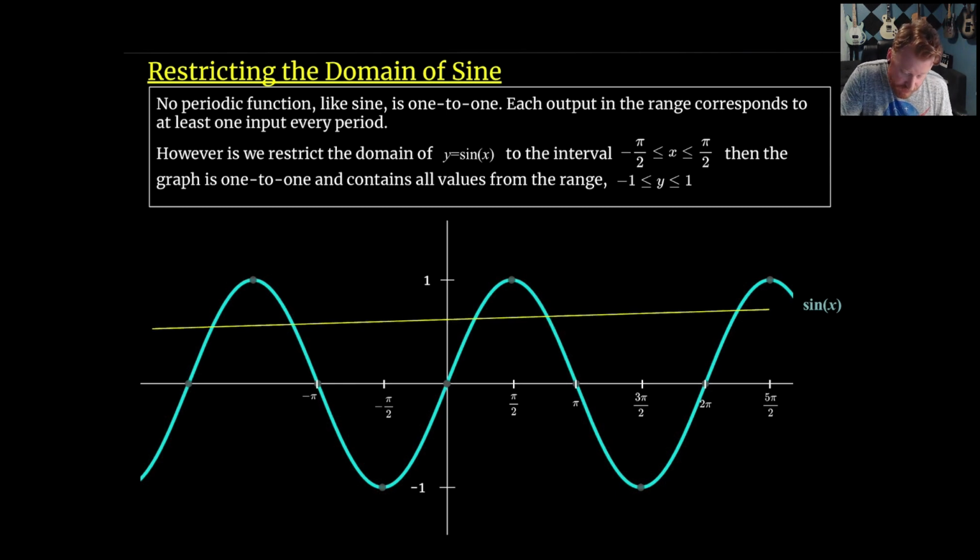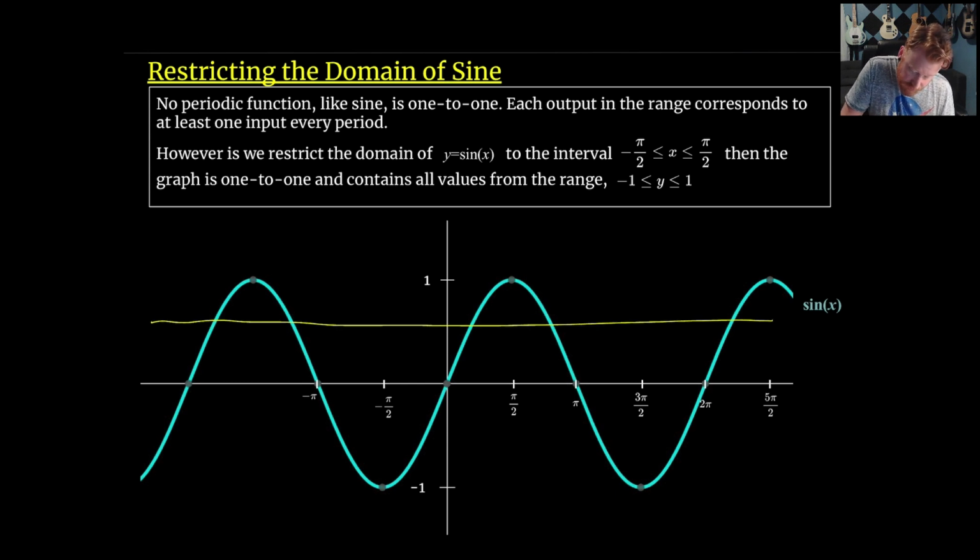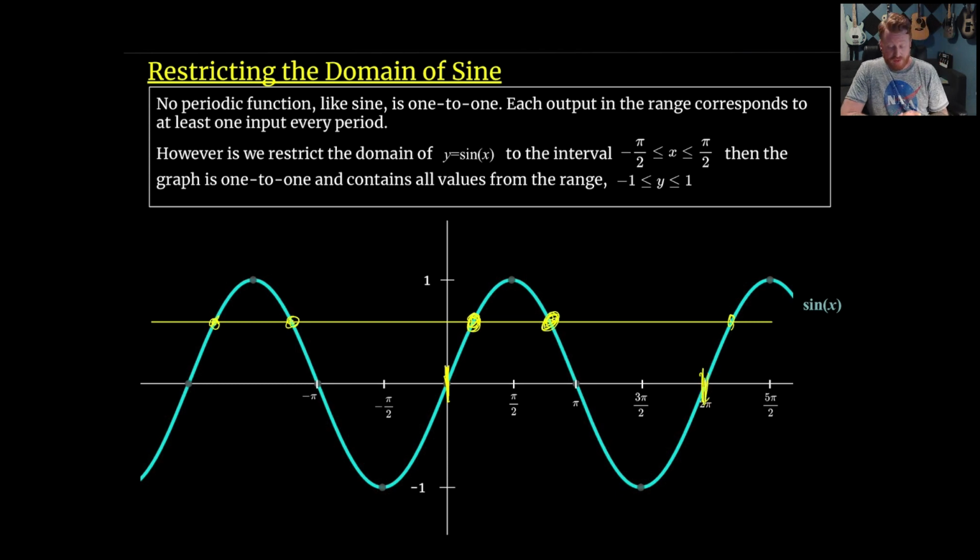If I draw, that wasn't a great horizontal line, but I can try a little bit better. There we go. There's a horizontal line, and we can see that this is failing the horizontal line test a lot. It's failing it infinitely many times, and we can see that within just one period, going from like 0 to 2 pi, there's a couple values within each period that are going to fail this horizontal line test.